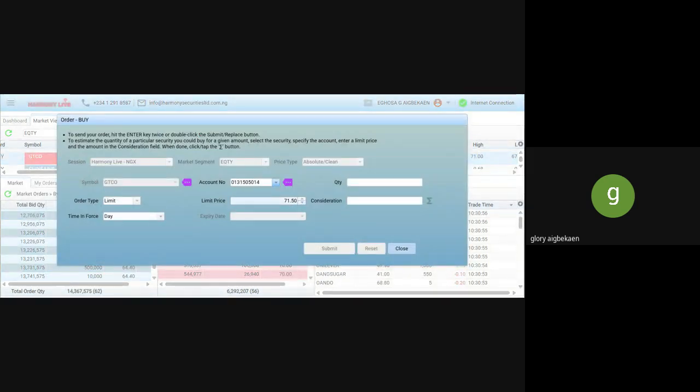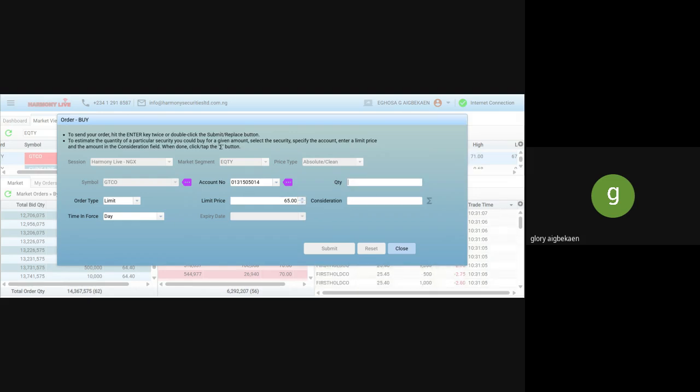I'll change this place to 65 naira. Always put the 2 decimal places there, and if you don't put it, it will not go. So whether you are buying at 65 naira, put 00 there. If you are buying at 65 naira 10 kobo, put 65 naira 10 kobo there.